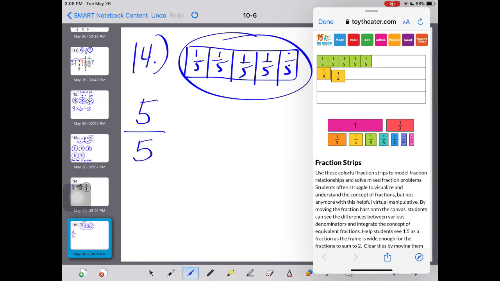All right, let's try 4/4. 1, 2, 3, 4. 4/4 is equal. It's the same amount. You got the whole thing, right? It's just bigger pieces. And then it was a little tricky. I'm going to skip to D. 2 halves. 1/2, 2 halves. See how that's the whole thing too? C was the tricky one.